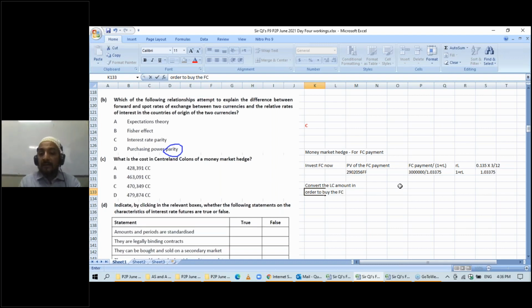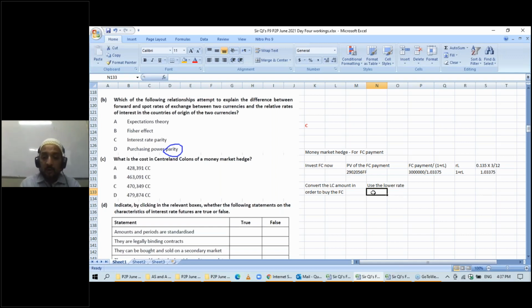So what should be the rate? You will be using the lower spot rate, because you have to pay the foreign currency. So you have to buy the local currency. The foreign currency dealer will buy the local currency from you. So using the lower rate, you will convert it.